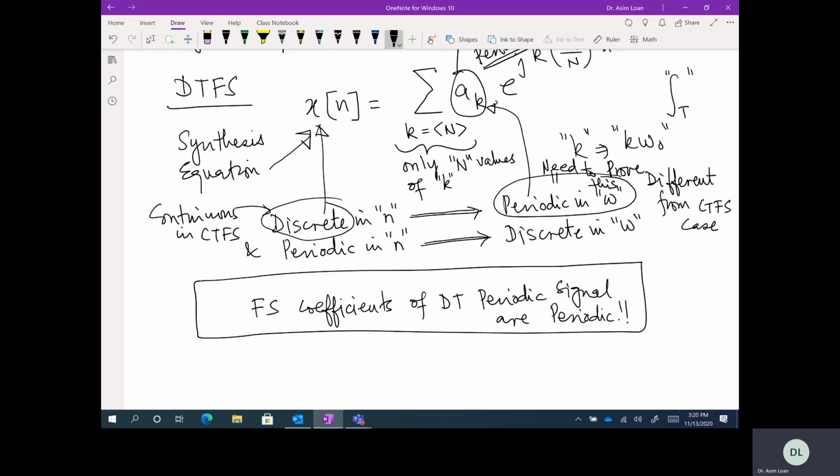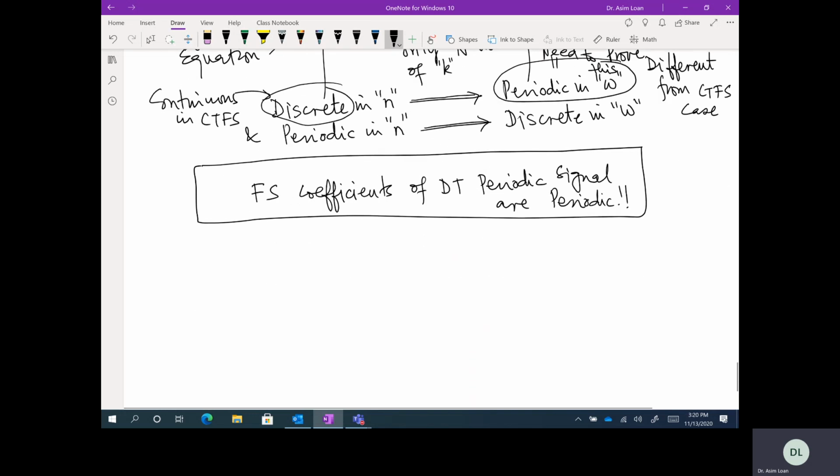Okay, and how do we prove that? So let's prove this. How do we determine the Fourier series representation of a periodic signal?